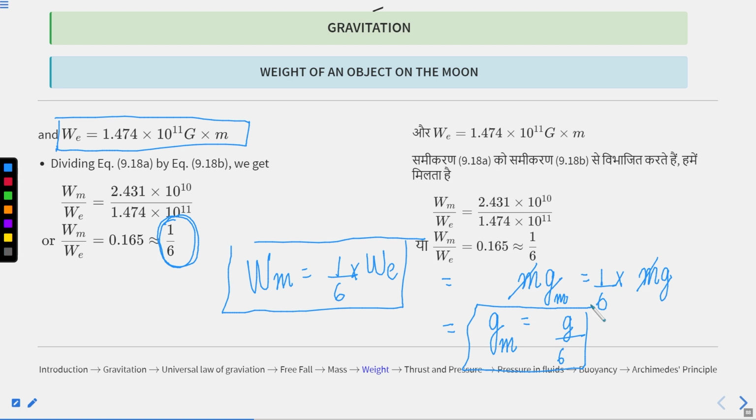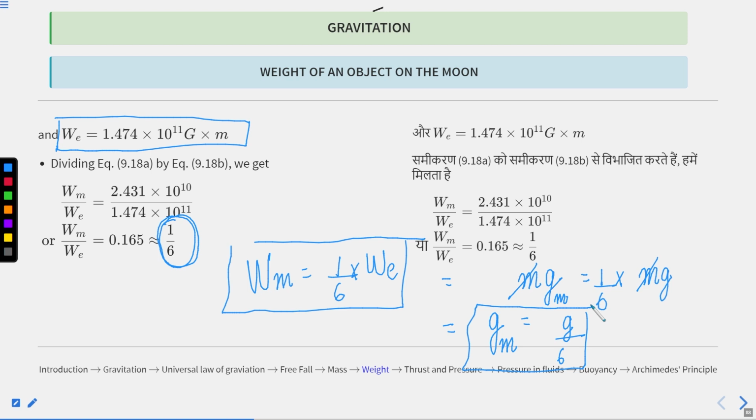It means the gravitational acceleration of the moon is 6 times lesser than the gravitational acceleration on the earth. It means the force applied by the moon on an object is 1/6 time that compared to the earth. So the moon attracts with lesser force in comparison to earth.